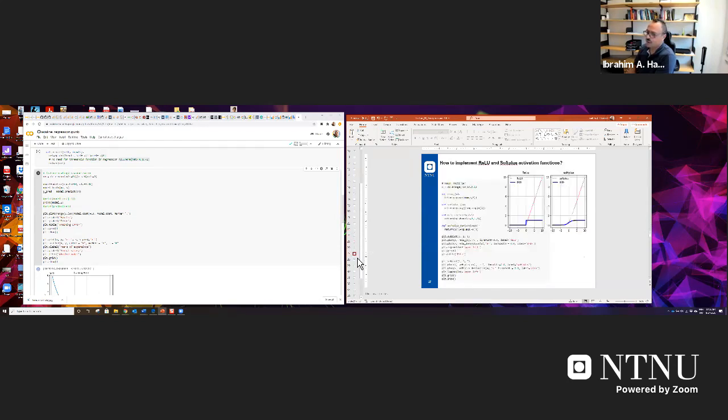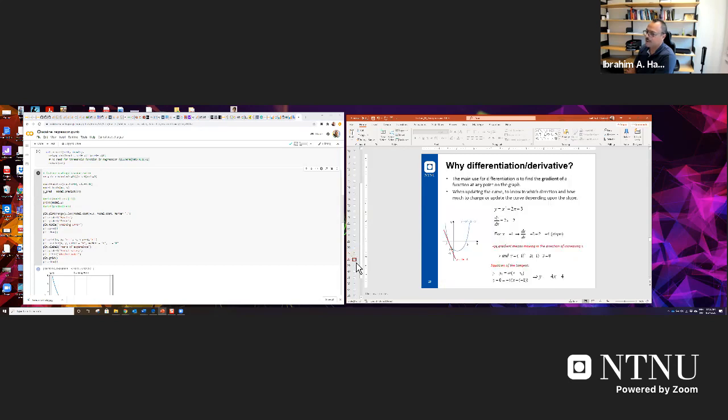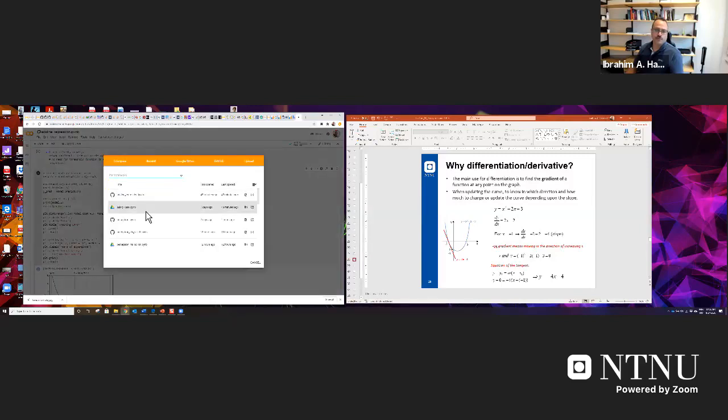So you have all those functions. I will try to find this notebook and add a link to it. File, open notebook.